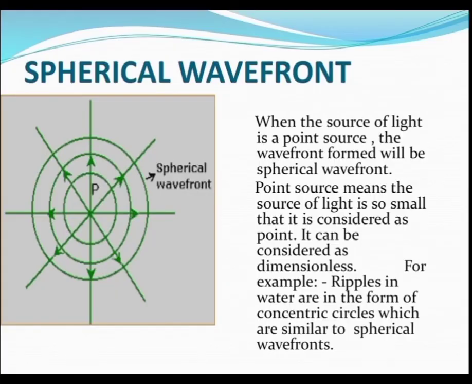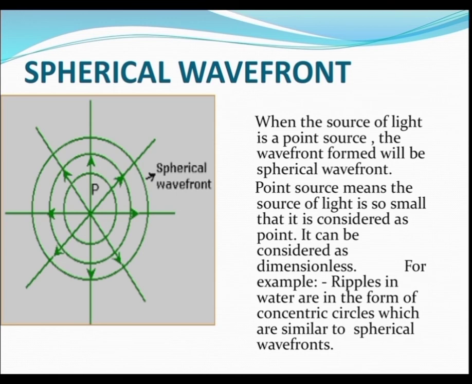Let's discuss spherical wavefront. In the diagram, P is a point source. All the wavefronts spread in all possible directions in the form of concentric spheres. When the source of light is a point source, the wavefront formed will be spherical wavefront.